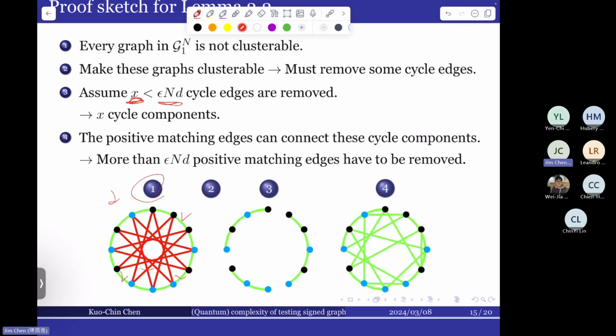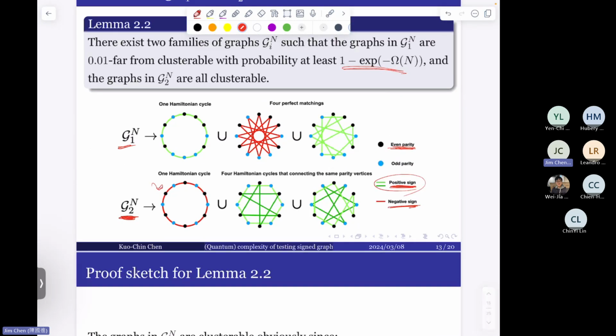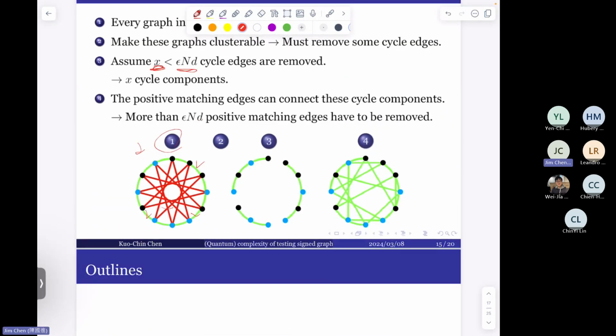Okay, so we have X cycle components, and by the definition of the graphs in G1, we have edges connecting these vertices, which means this cycle component will be connected by the green edges.